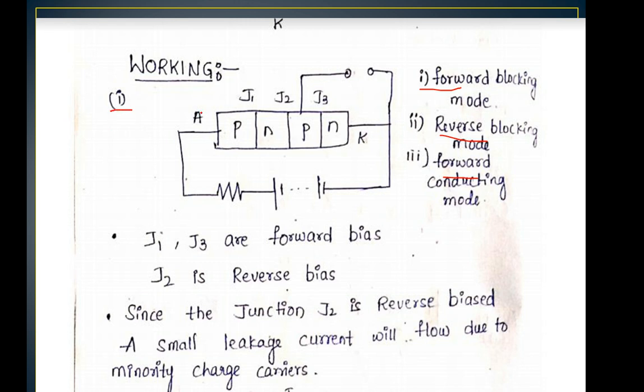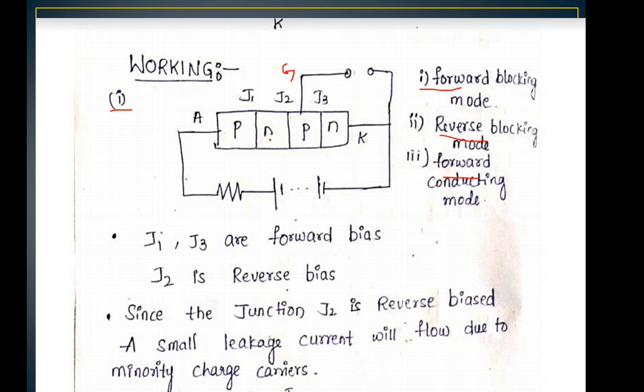In forward blocking mode, the SCR is a 4-layer device PNPN, and it has the three junctions J1, J2, J3. This is the anode terminal, this is the cathode terminal, and this one is the gate terminal.